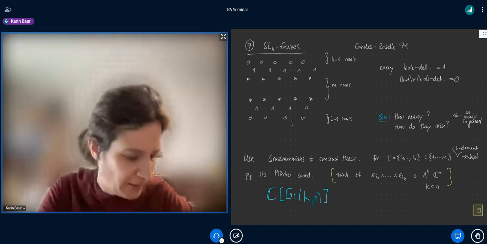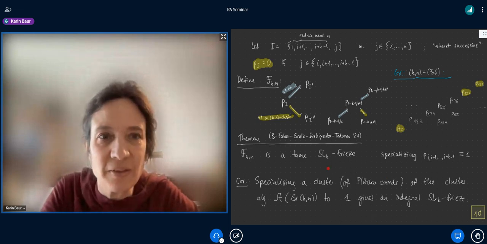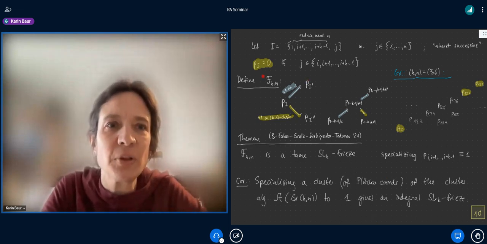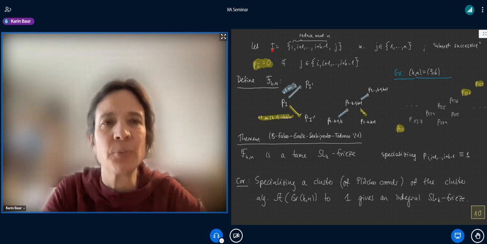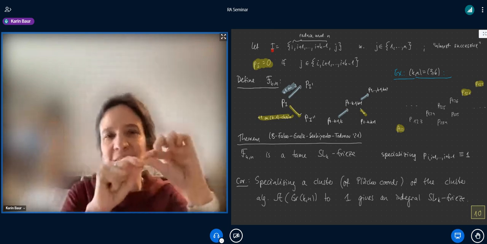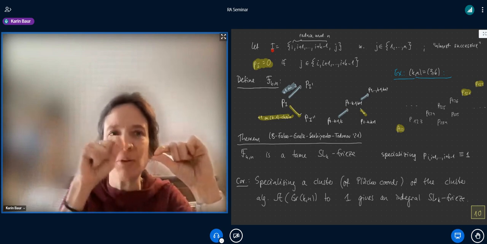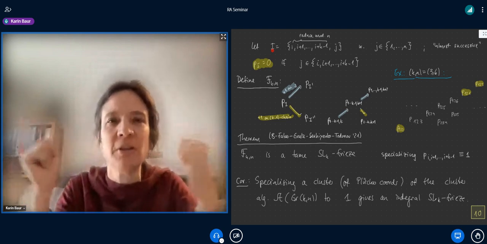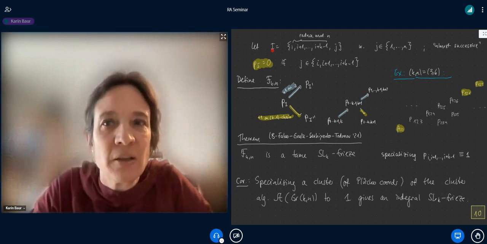I'm just going to quickly explain how you get the frieze and then continue. So these Plücker coordinates P_I come from choosing k elements from 1 up to n. As I said, you can think of e1 wedge e3 wedge e4, for example.